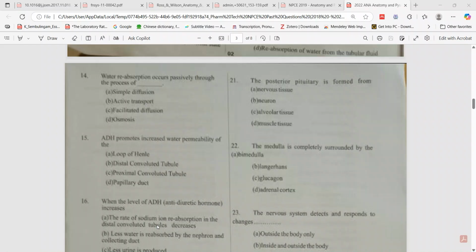ADH promotes increased water permeability of the dash. So what's the answer?